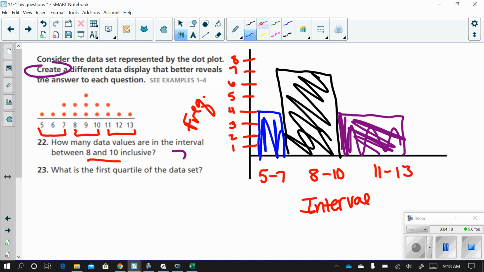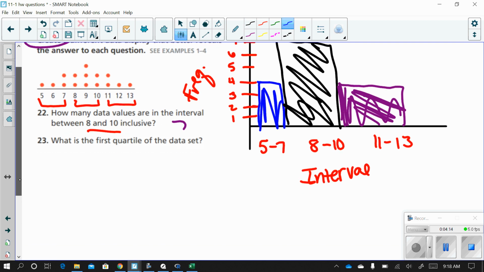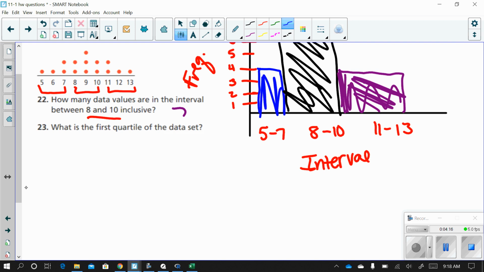Now, the last question here says, what is the first quartile? When we're talking about quartiles, we need to talk about a box and whisker plot. So we're going to make a box and whisker here. Whenever you're doing box and whiskers, you should always put your numbers in order.